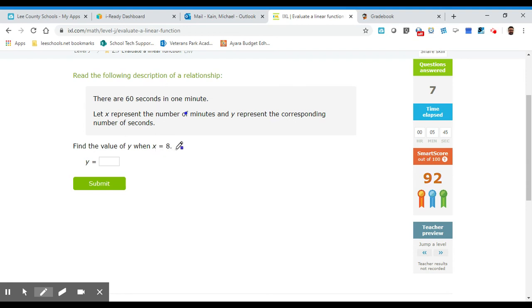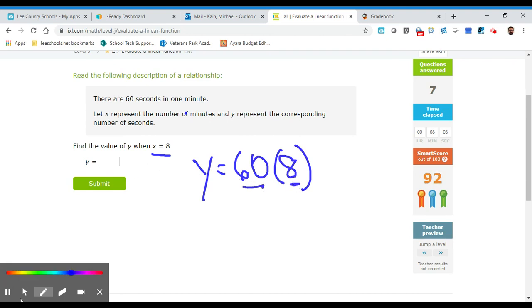In other words, 8 minutes is how many seconds? So y equals, we know there's 60 seconds in a minute, and it's asking us for 8 groups of that. So we're just going to multiply times 8. 60 times 8 groups of that would be 480.